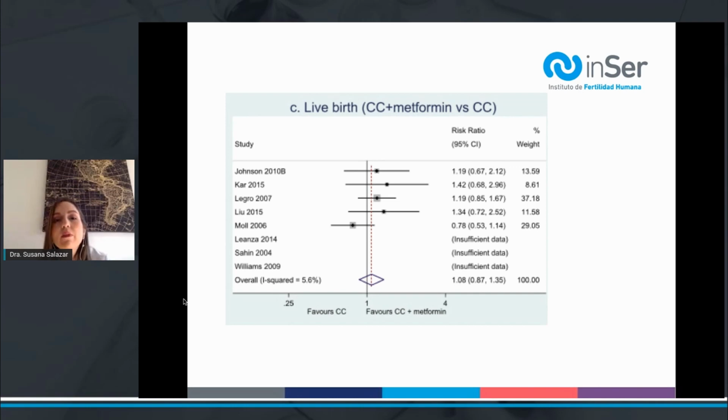Compared with clomiphene alone, there was insufficient evidence of a difference between clomiphene plus metformin and clomiphene alone on live birth rates, as we can see in this first plot.